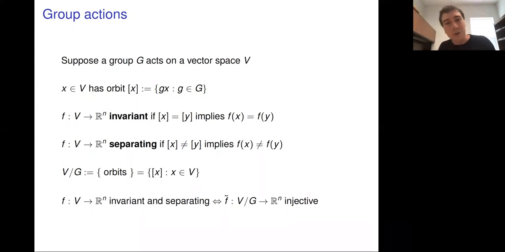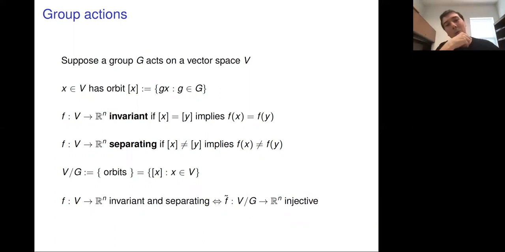I will also say that the function is separating if when you give me two vectors that are not in the same orbit, they give me different outputs. So a function is invariant and separating if it always gives you the same output when you plug in vectors in the same orbit, and that's the only time that you get that output, right?